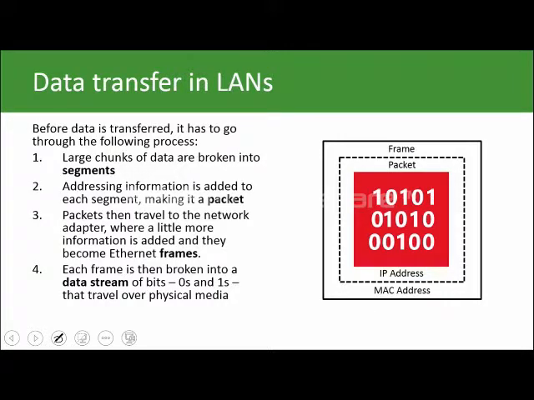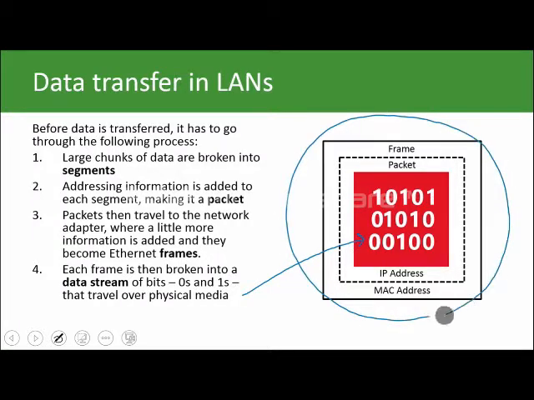And then each frame is broken into the bits that we see on the screen. This visual might be a little confusing, but just know that really data is ultimately going to be represented in bits before it's transmitted across a network. So this whole thing ends up taking this form right here. And then it's transferred over a physical medium in binary.